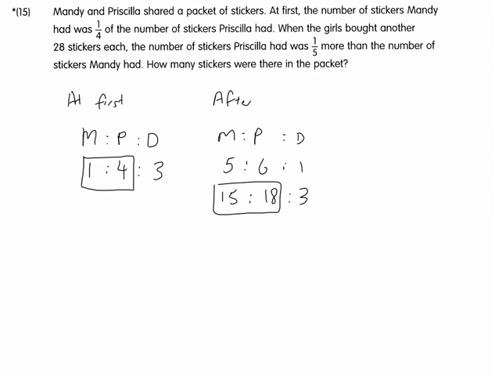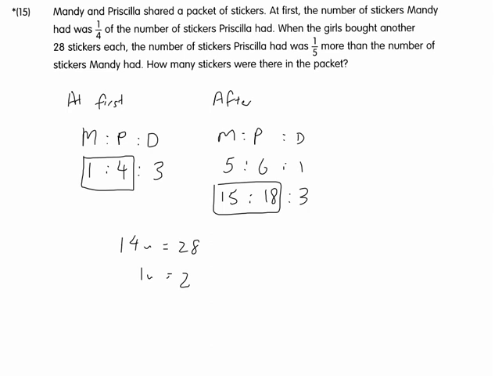Right or wrong? Mandy used to have 1 unit. After buying 28 stickers, she has 15 units. So how many units equals 28, Kathleen? 14 units, right? We find a difference equals to 28, and 1 unit equals to 2.